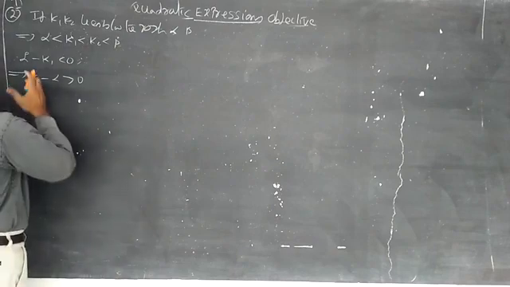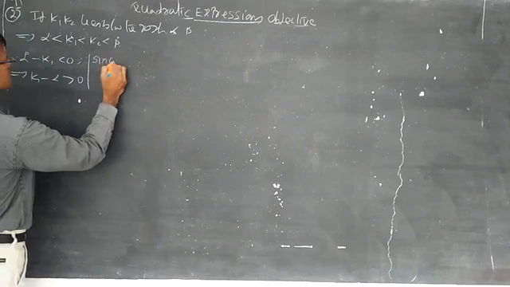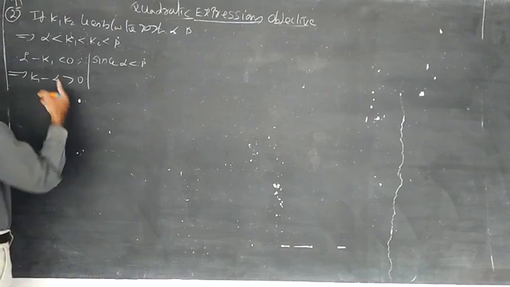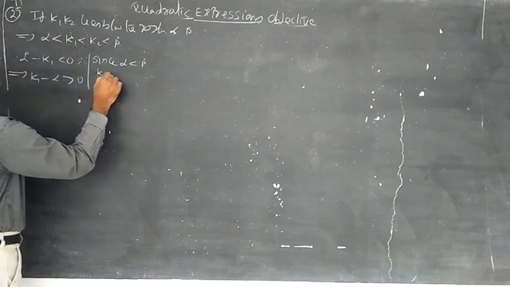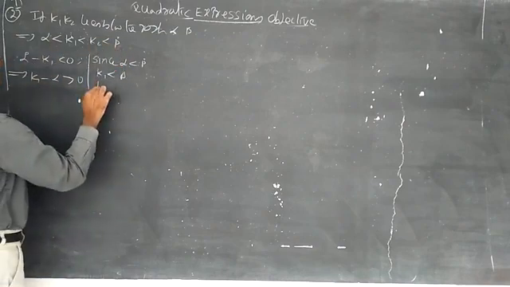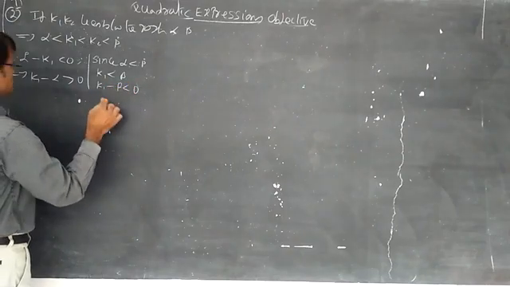Since alpha less than beta, and of course k1 less than beta, you can write k1 minus beta less than 0.